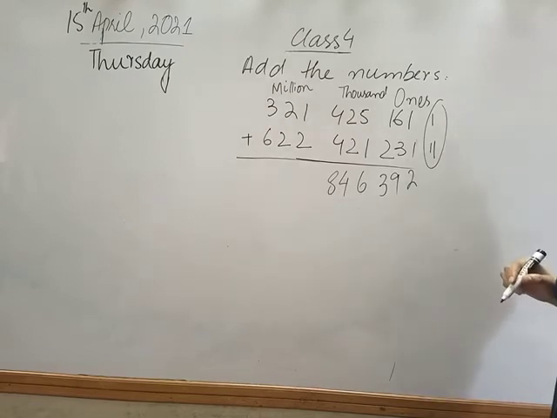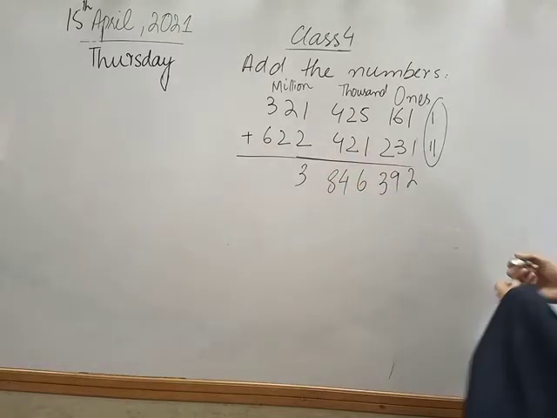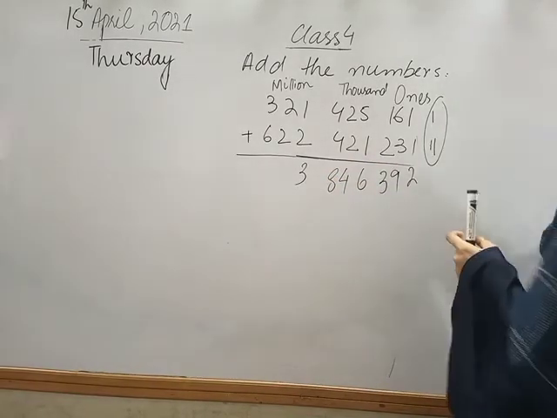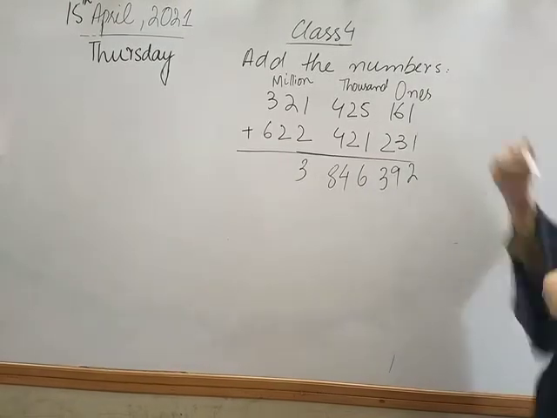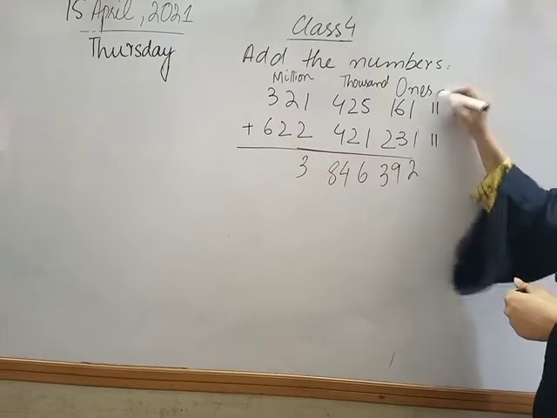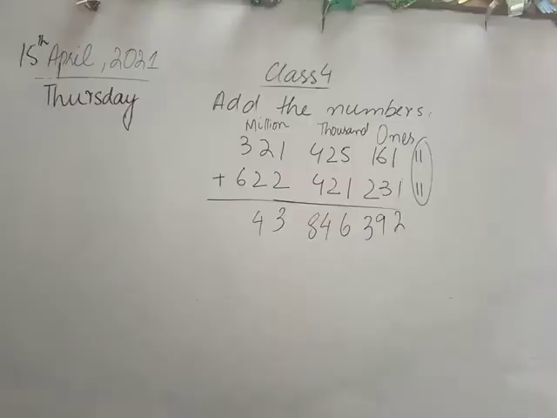So in total, class, I have 3. Now the next value of million in upper is 3 and 6 for lower.